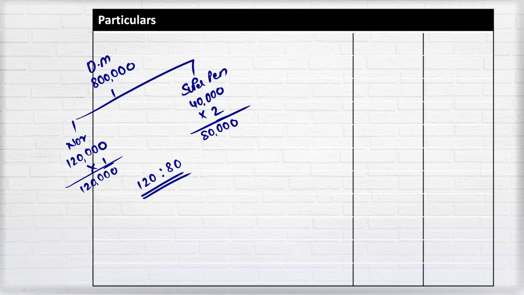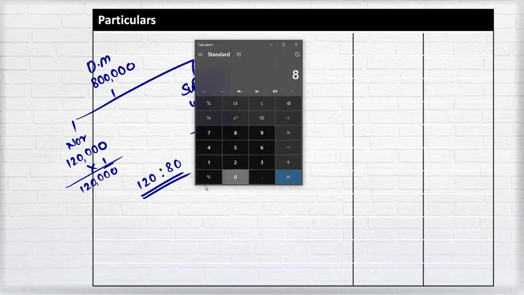Eight lakhs in the ratio of 120 is to 80. It is 200. 8 lakh divided by 200 into 120. It is 4,80,000.